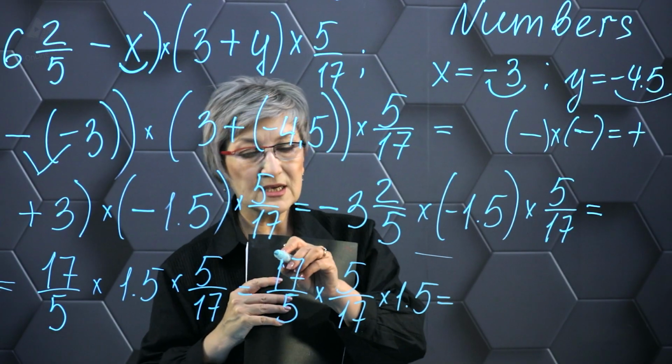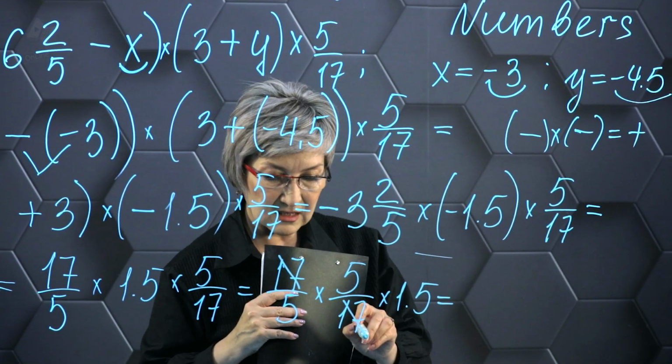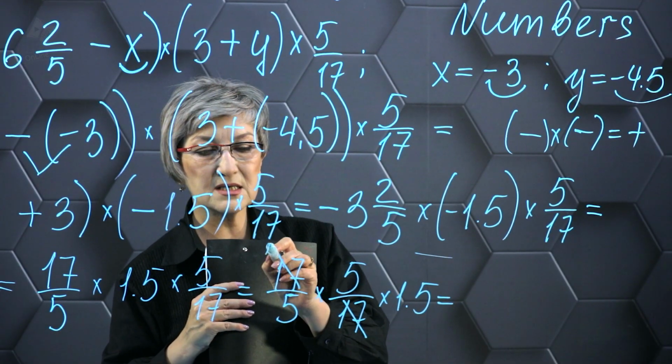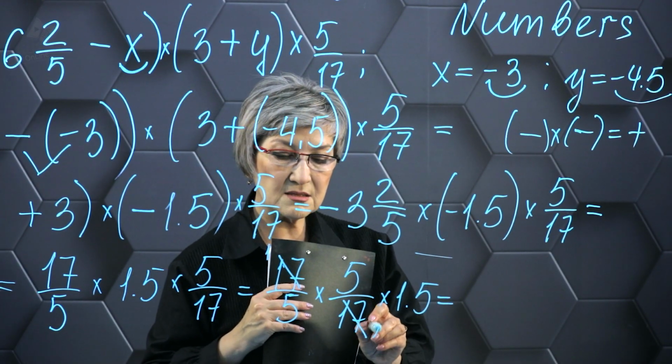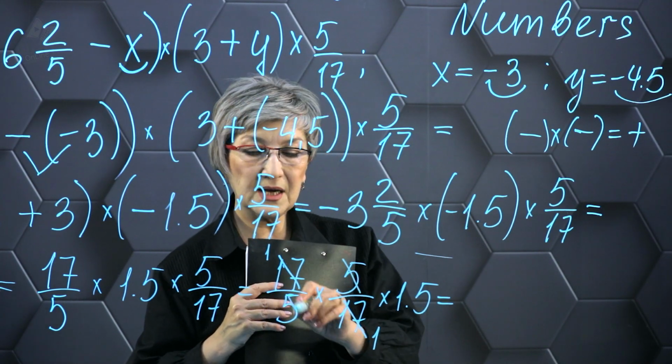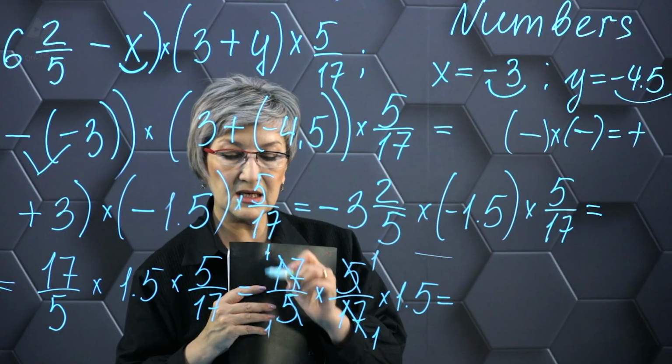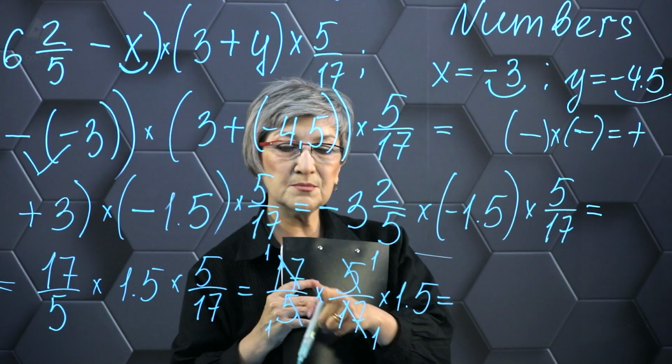In this case 17 and 17, I can divide by 17. 17 divided by 17 is 1, 17 divided by 17 is 1. Now 5 and 5, I can also divide by 5, 5 divided by 5 is 1, 5 divided by 5 is 1. And as a result, we see 1 times 1 is 1.